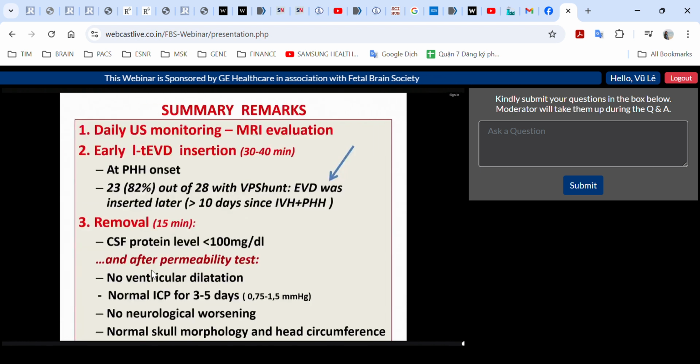In this slide, I summarize the flowchart regarding the management of post-hemorrhagic hydrocephalus in the preterm. The surgical implantation time is short, as well as the subsequent removal. Most of the patients who require the definitive shunt are implanted late. The criteria for the removal of the external drain are listed here.